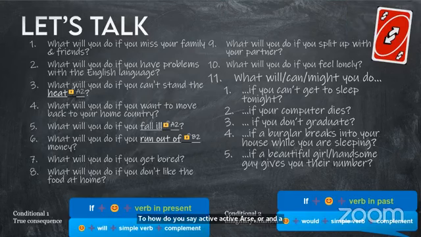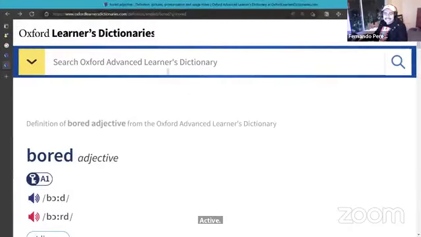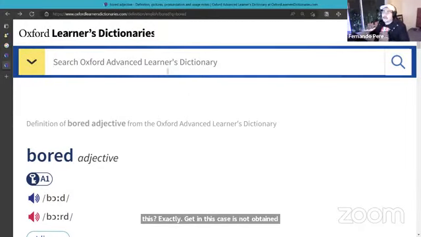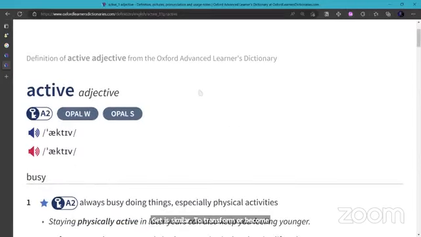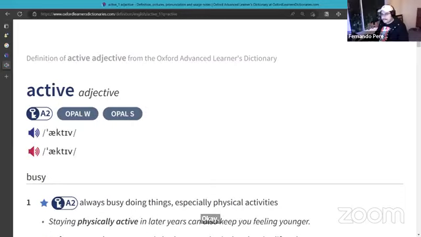Get active. Exactly. Get in this case is not obtain. Get is similar to transform or become. Get active.